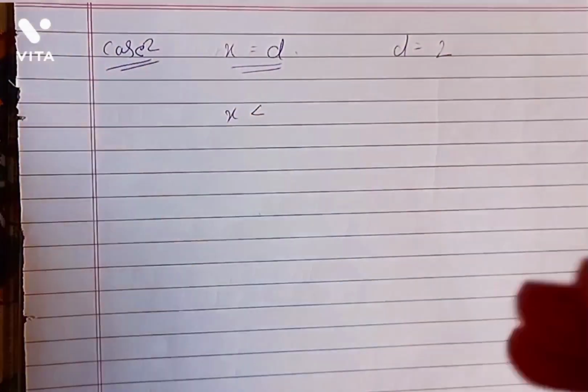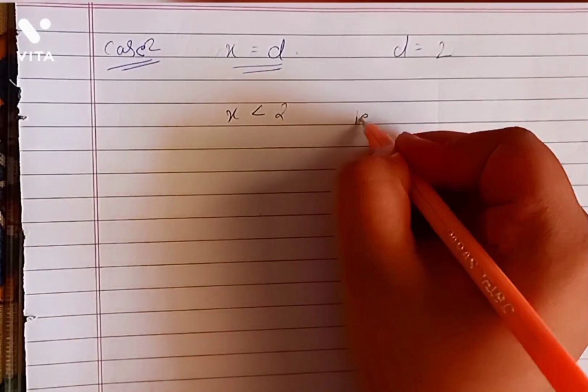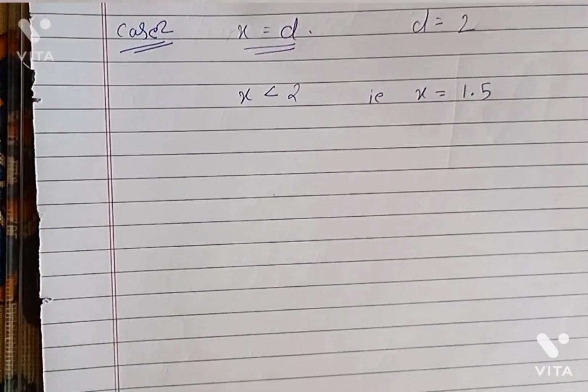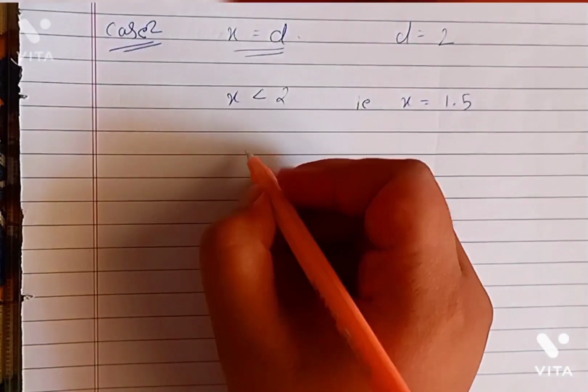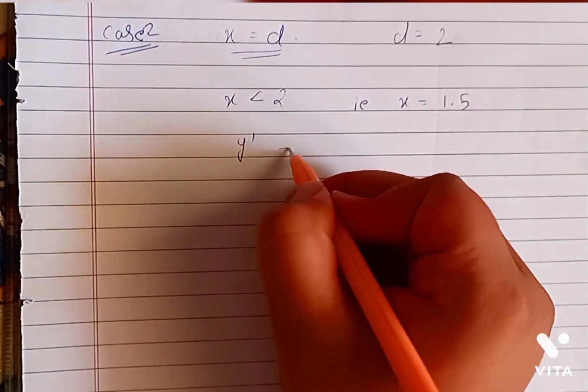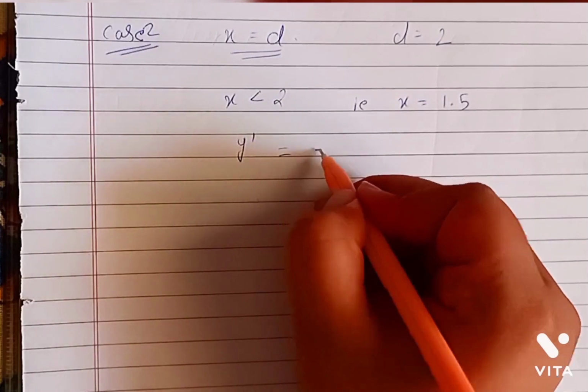So X should be slightly less than 2, that is, I'll take X as 1.5. On doing this, I got a value for y dash. Now put this value in y dash, so I got y dash to be negative.